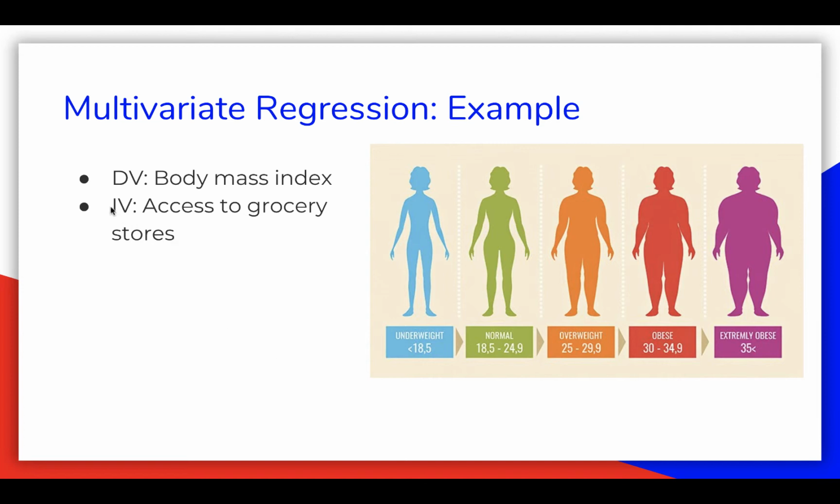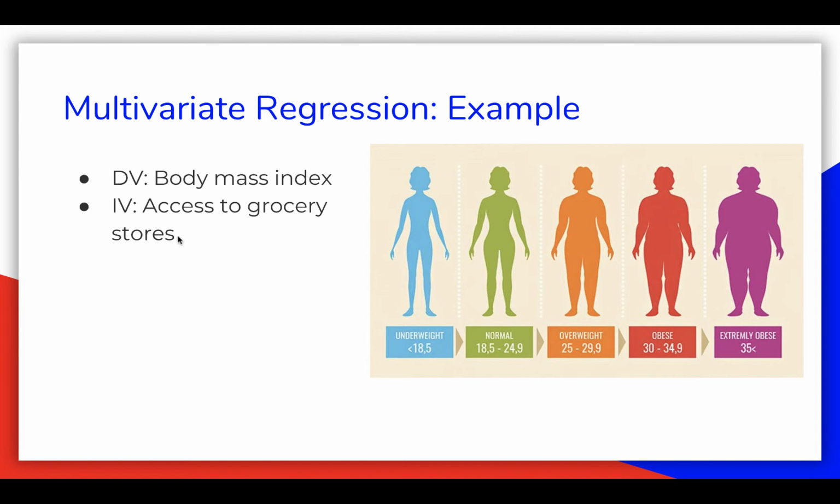I'm interested in how access to grocery stores affects body mass index, with the idea being that if you have access to healthful foods at grocery stores as opposed to, say, at a convenience store, right, where there's a lot of frozen and processed food, if I have access to grocery stores, I might expect this body mass index, my dependent variable, to be lower. Whereas people who have not very much access to grocery stores, right, say they're only near sort of fast food or convenience food stores, I might expect them to have higher body mass index scores.